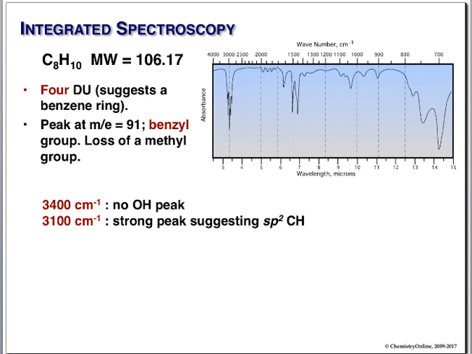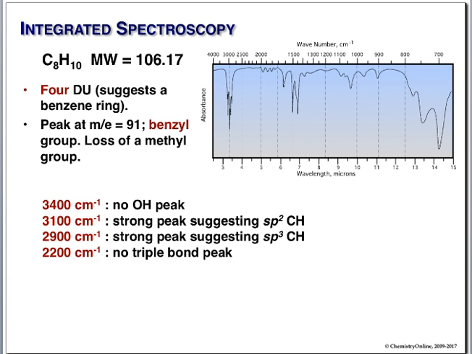On the low side of 3000, we have nice peaks here. This is sp3 CH. We don't have an oxygen, but if we did, we would know there's no aldehyde because there's nothing here. We look for triple bonds next. They're here around 2100, 2200. No triple bond. Next, we look for carbonyls at about 1700.